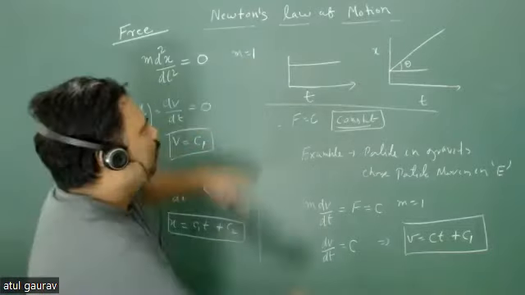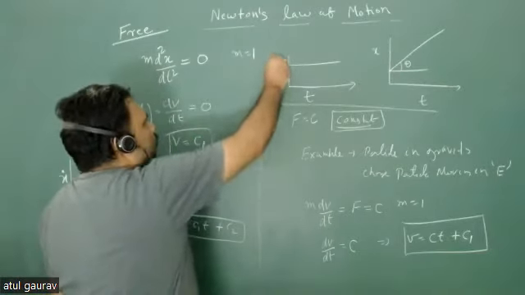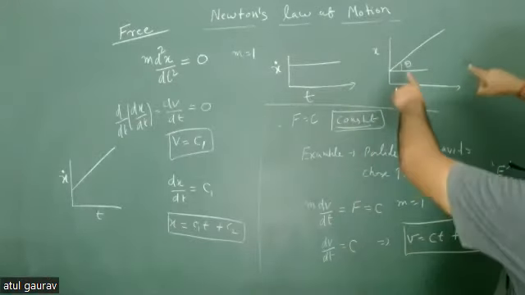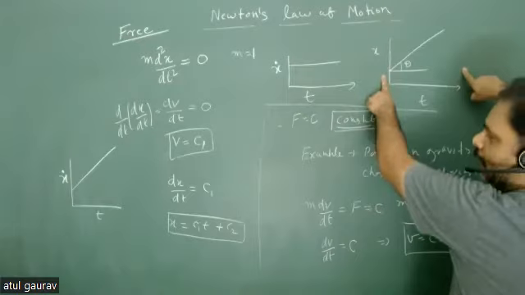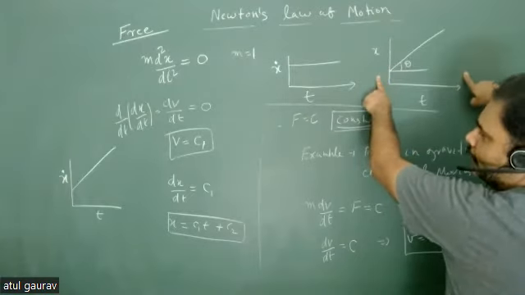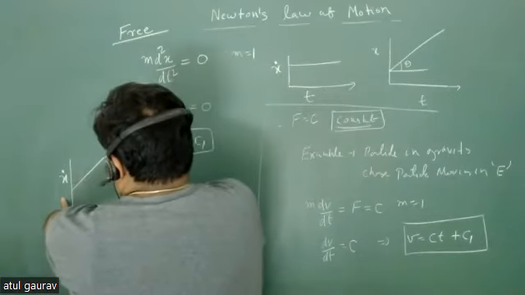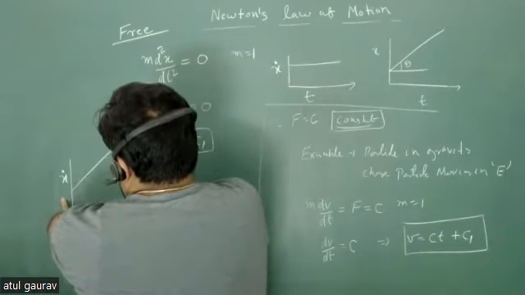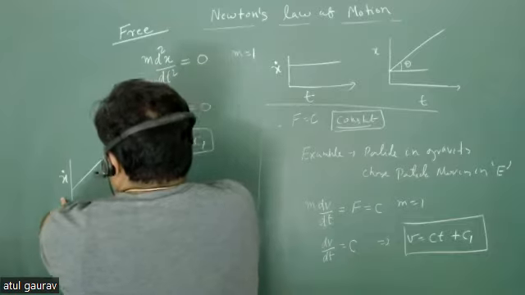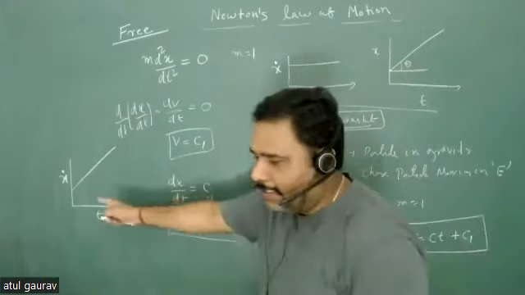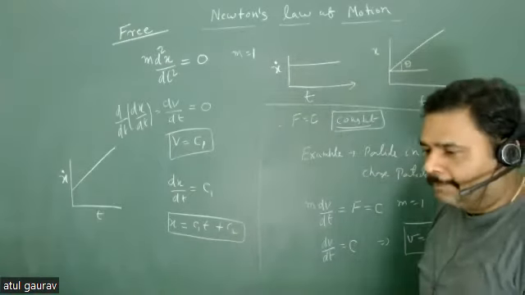I am just writing x dot here. x dot versus t. Look here. The profile that the position had for the free particle, exactly the same profile you are getting for velocity when you have a constant force. Constant force gives exactly this sort of profile.